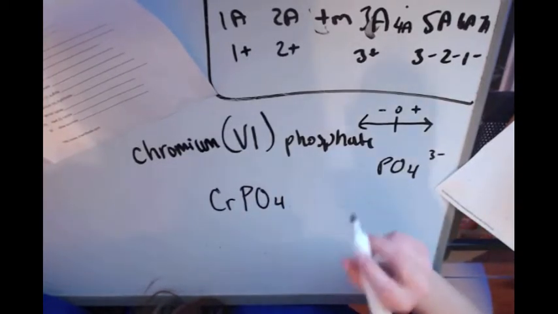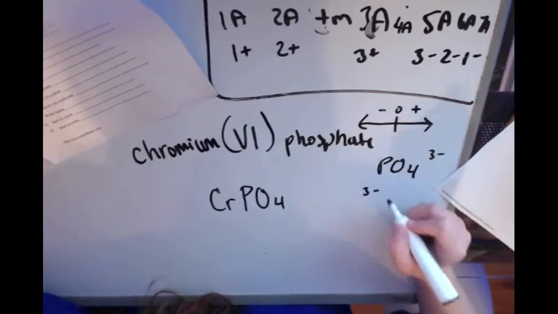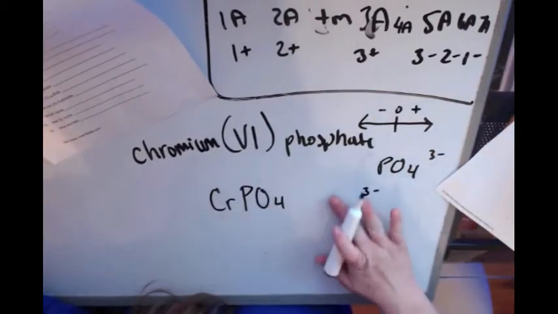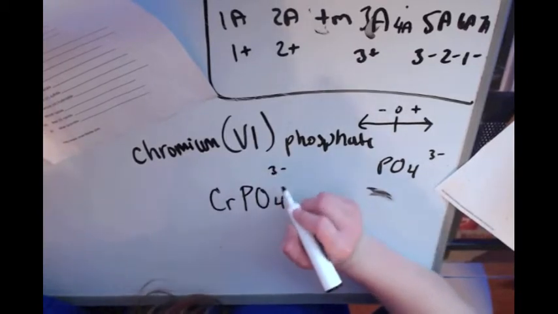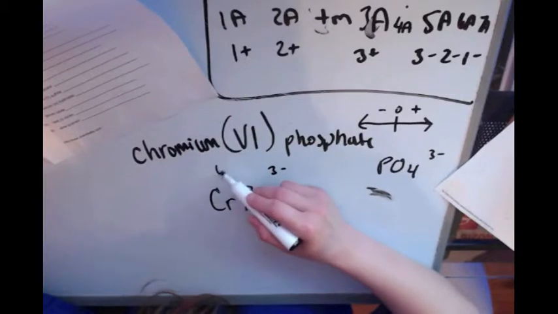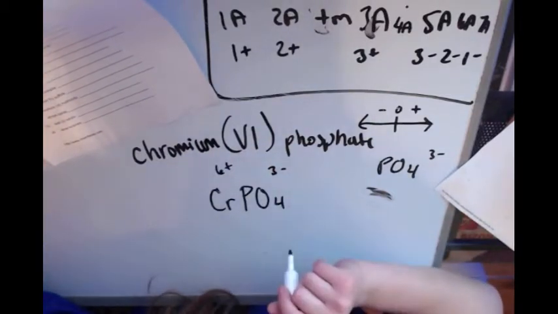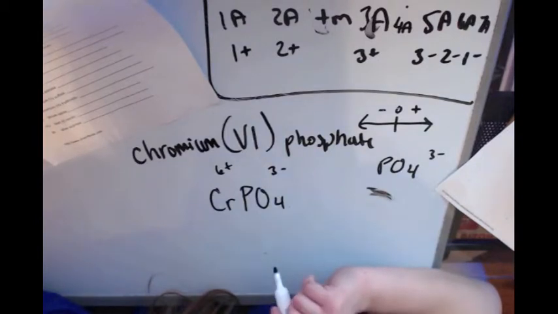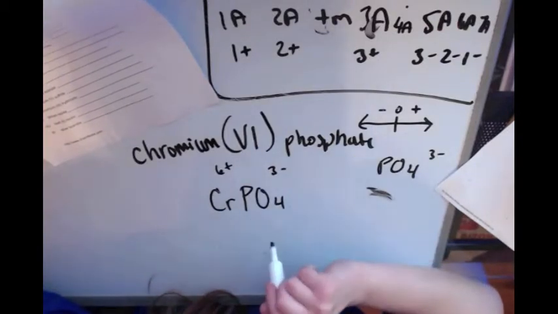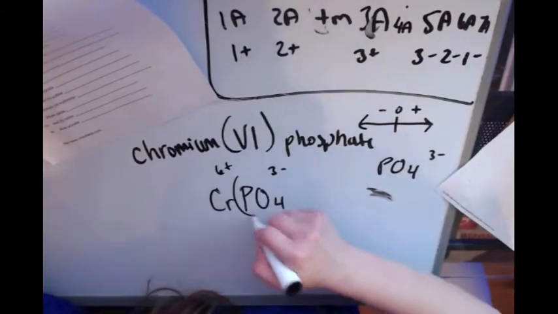Well, if you know that phosphate, just one of them, has a charge of 3 minus, and this told you, let me just write this above here, this told you that one chromium has a charge of 6 plus, what can you do to make these equal? What can you do to phosphate to get 6 minus? Have 2 of them.